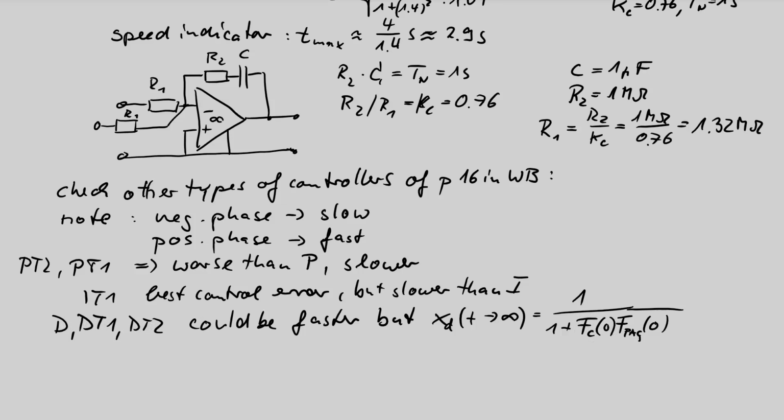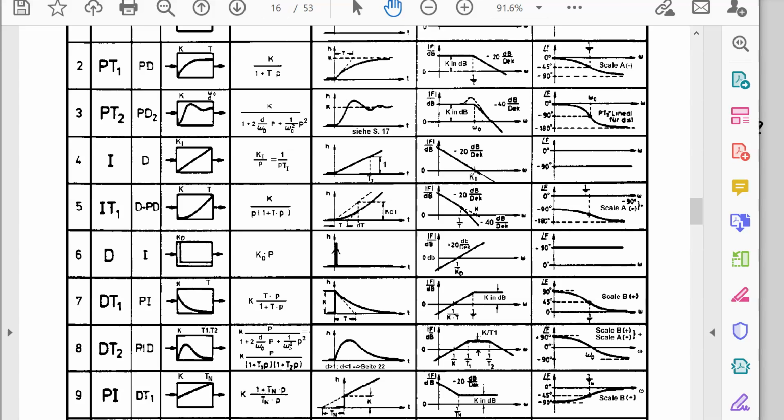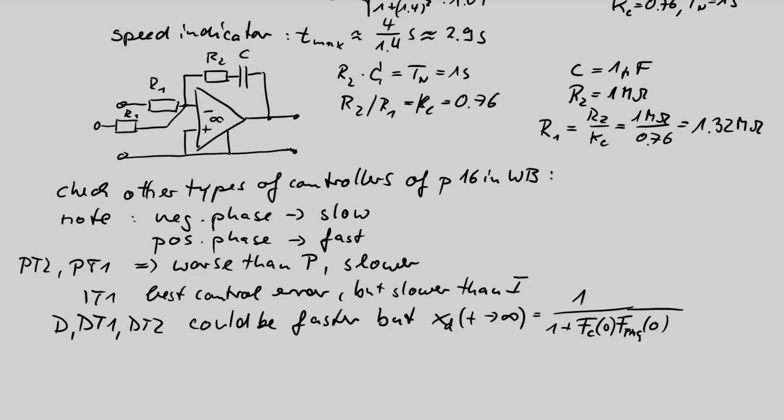And now let's look at the DC gain of these 3 blocks, starting with D here. The DC gain of all these 3 blocks is 0.